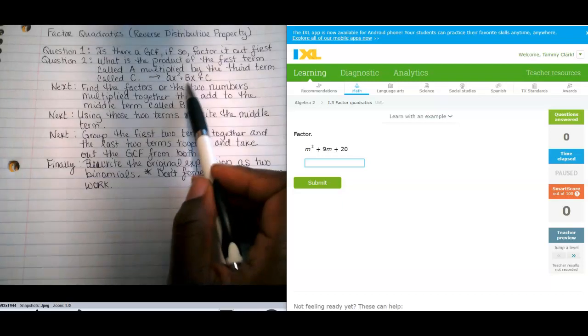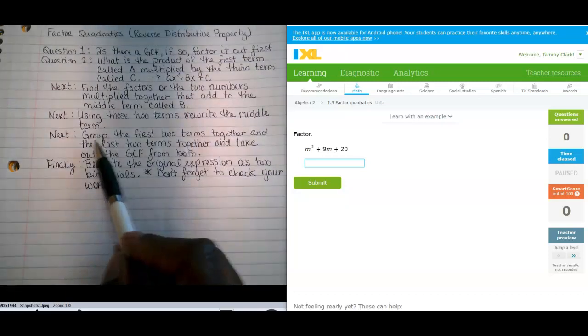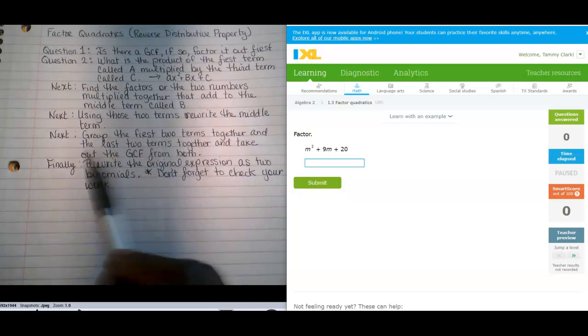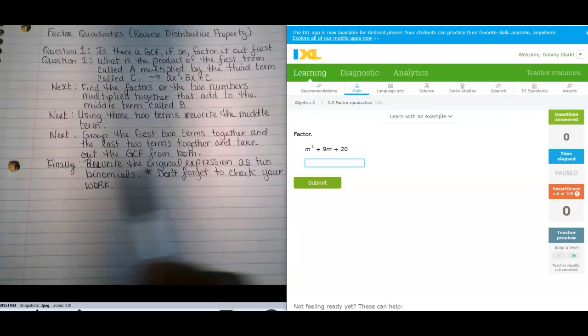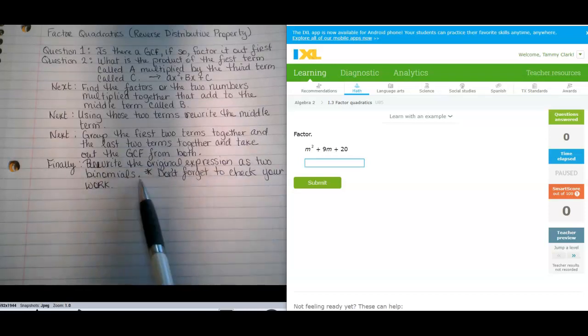Basically we just split the middle term into the original two terms that were there before we added them together. Next, you would group the first two terms together and the last two terms together and take out the GCF from both. And finally, of course, rewrite the original expression as two binomials. Don't forget to check your work.